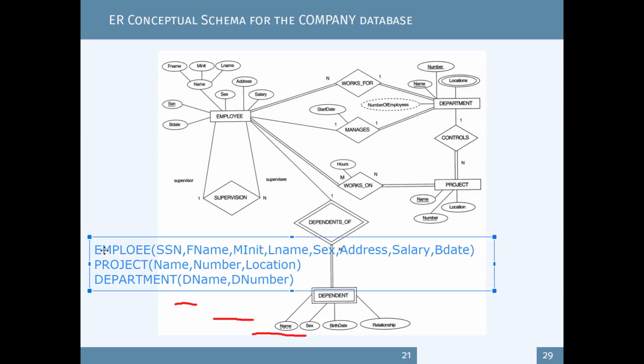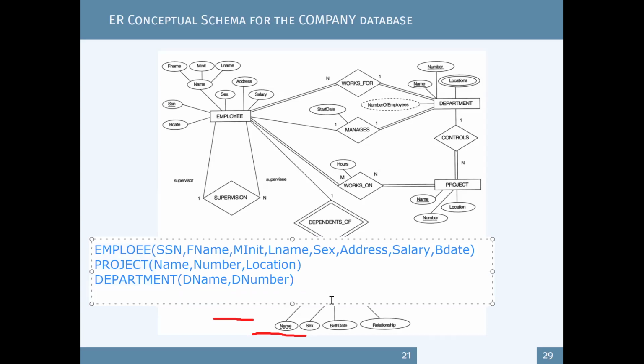So what I'm going to do, I'm going to have dependent, and I will include all the simple attributes. What are the simple attributes? Dependent name, again name, then gender, birth date, and relationship.